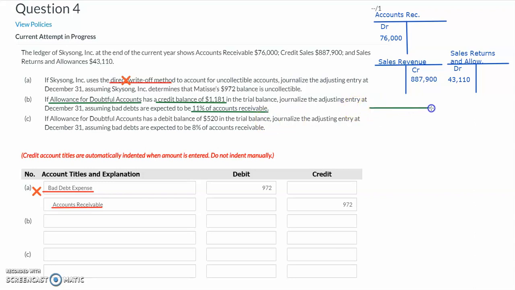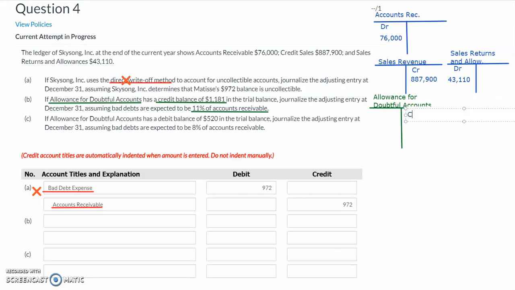And we're going to start off by drawing out our T account for our allowance for doubtful accounts. And you'll remember that this is a contra asset account. And you do want to learn this account title so that way you use this as you're going through our class problems.